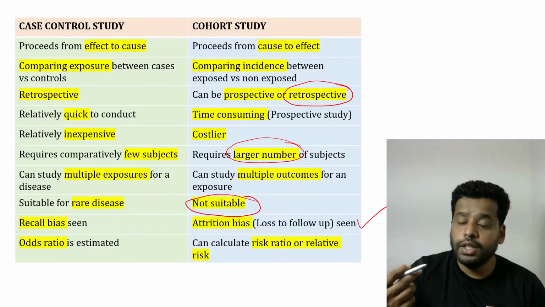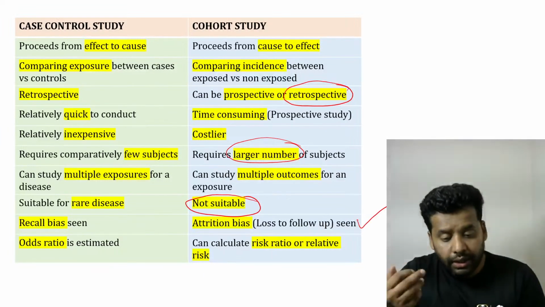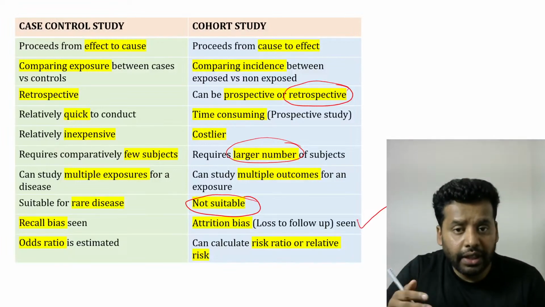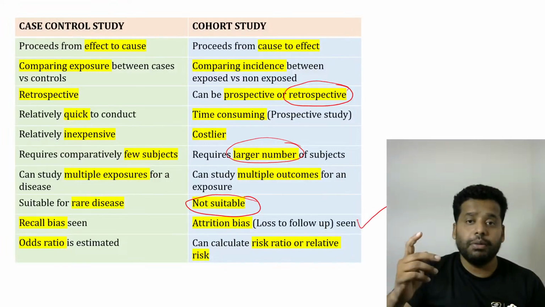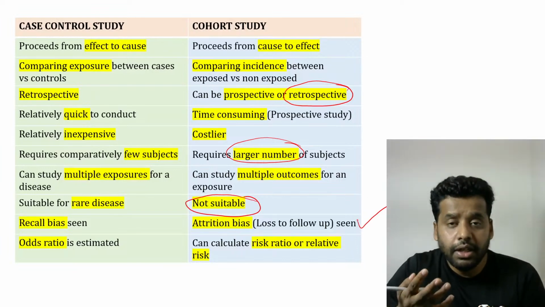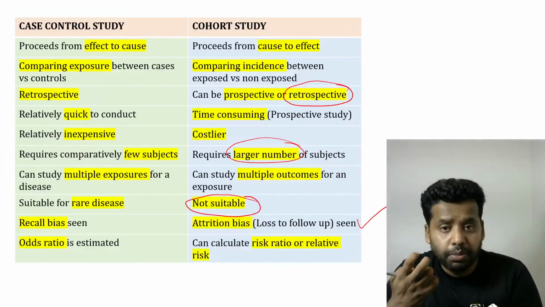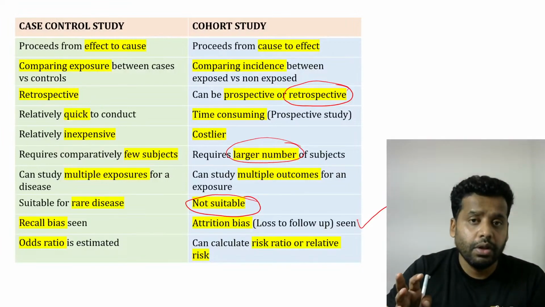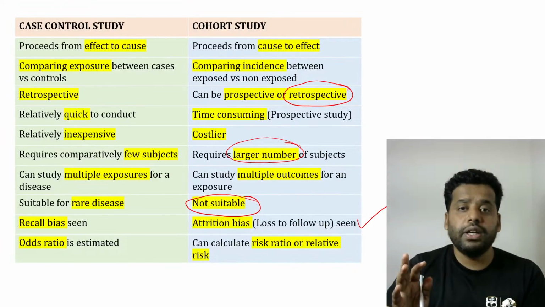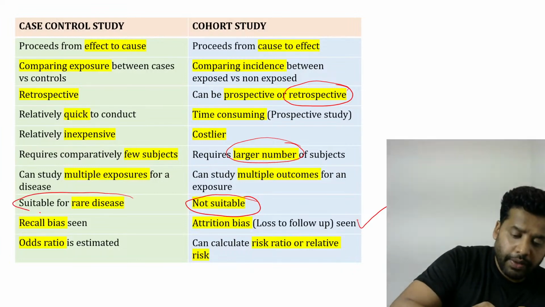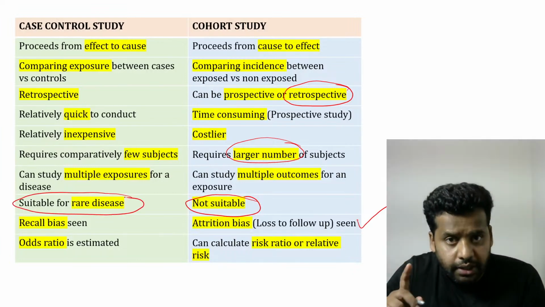You're not sure whether the disease will happen or not. 10-15 years later, something should happen. If it does not happen, then you'll be thinking what study I did, whether it is proper or not. No. Cohort study should not have been done. You should have done what study? Rare disease, case control study.